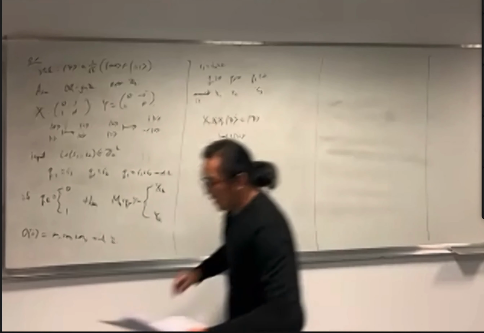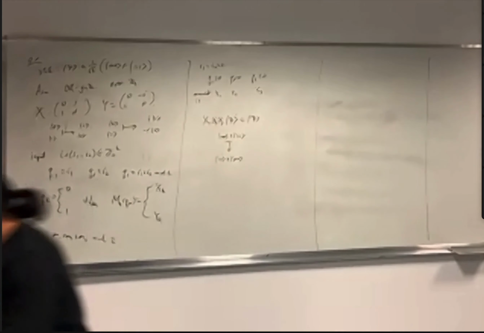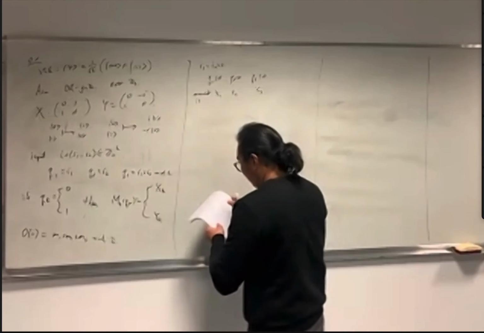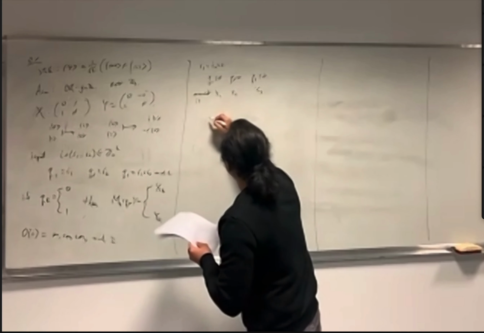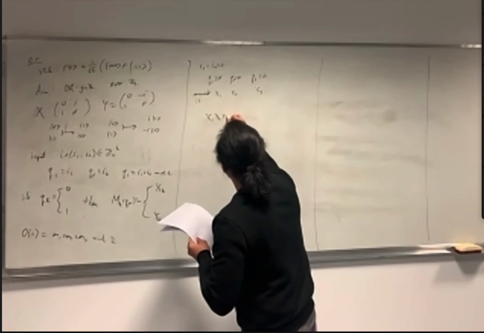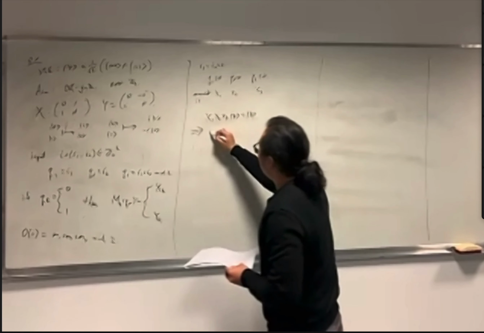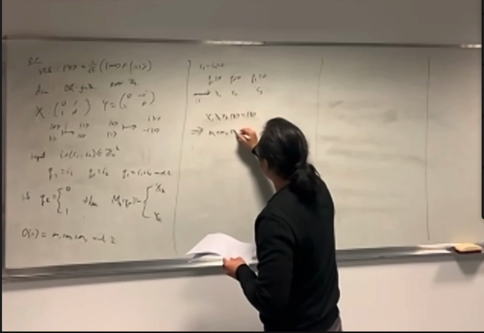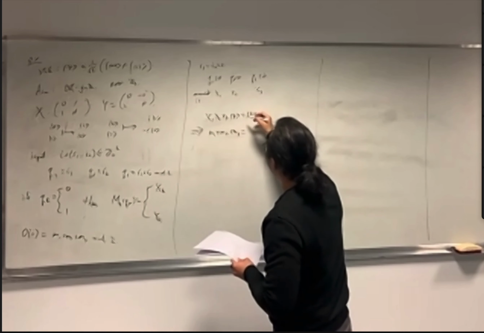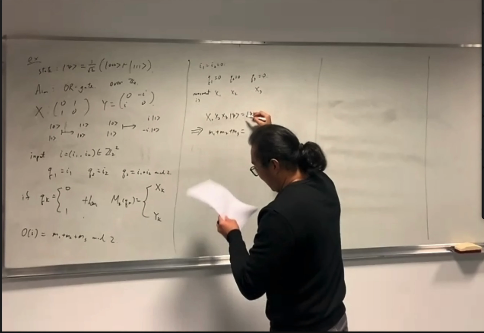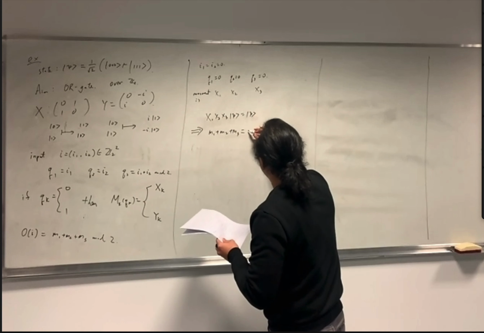In this sense, we have X1, X2, X3 stabilize the state. Therefore, we know that M1 plus M2 plus M3 would be equal to 0 mod 2, because it's basically omega 0, 0 mod 2.